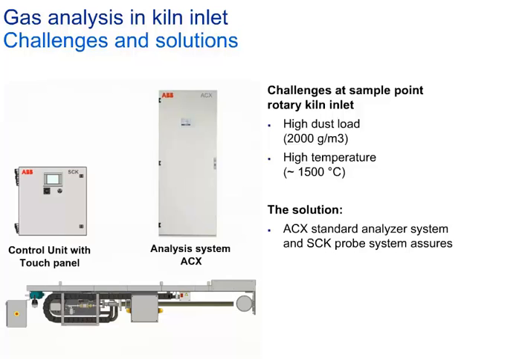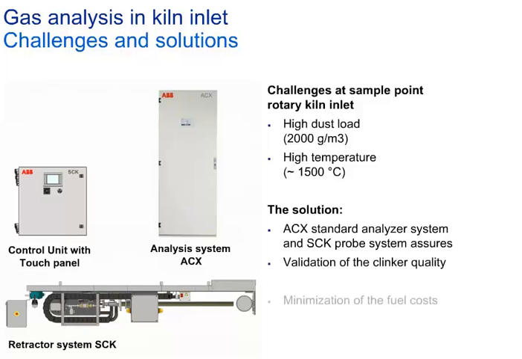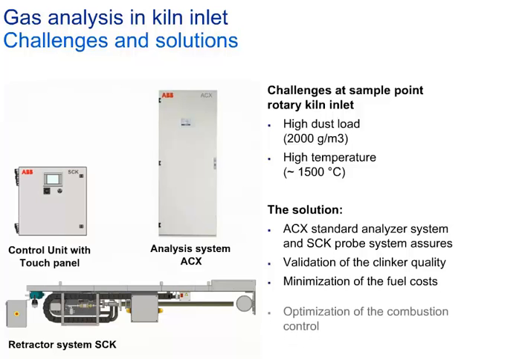The gas sampling probe and the retractor system that moves the probe in and out of the rotary kiln are called the SCK. This system assures validation of clinker quality, minimization of fuel costs, and optimization of combustion control.